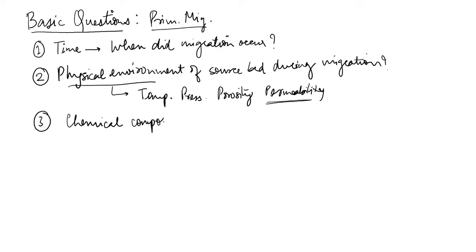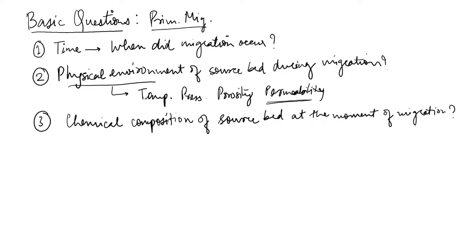So, the chemical composition of the source bed at the moment of migration involves the clay mineralogy, if it is a shale, and the water content.